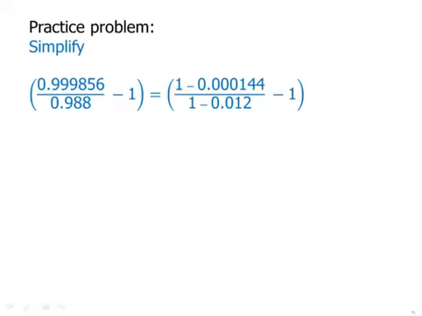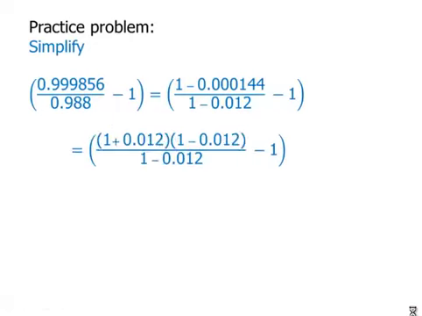So on the top we have a difference of squares. We'll cut directly to the difference of squares pattern. We'll cancel the subtraction, and then now we just have addition, and we can do the 1 minus 1. They cancel, and we're left with 0.012. And so that entire ugly fraction at the beginning simplifies to this lovely little decimal.